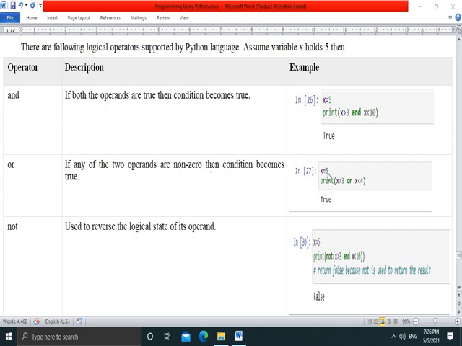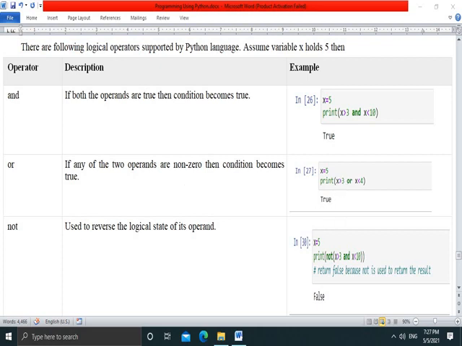If you take the example x equal to 5, print x is greater than 3 or x is less than 4, then 5 is greater than 3 and not less than 4, but one condition is true. So the answer is true.